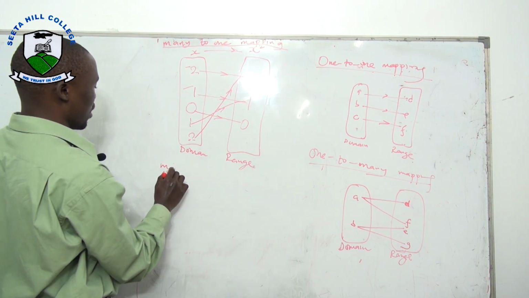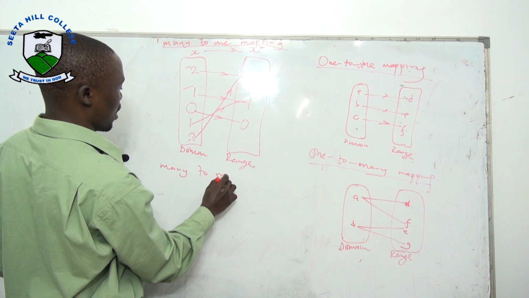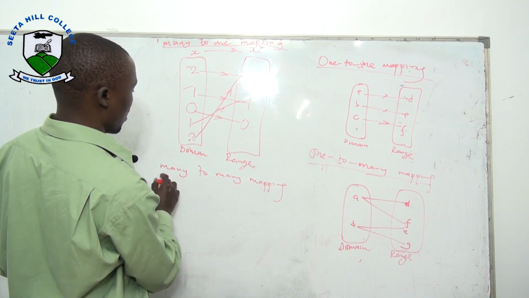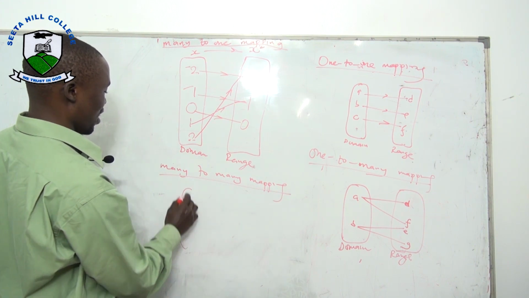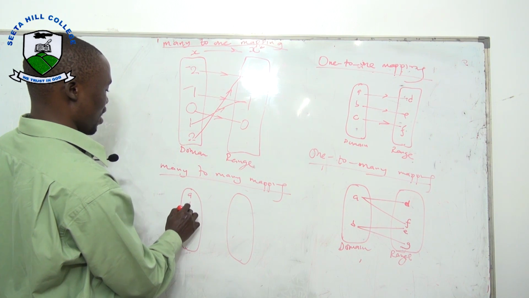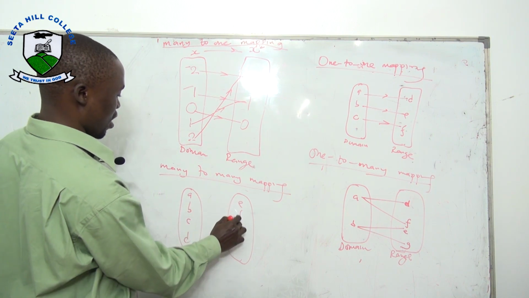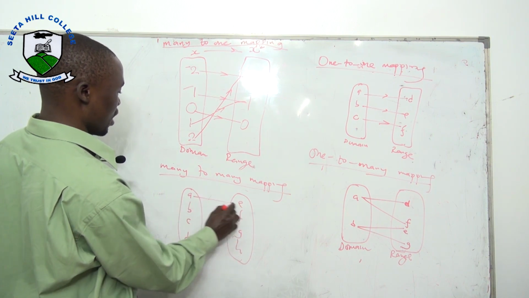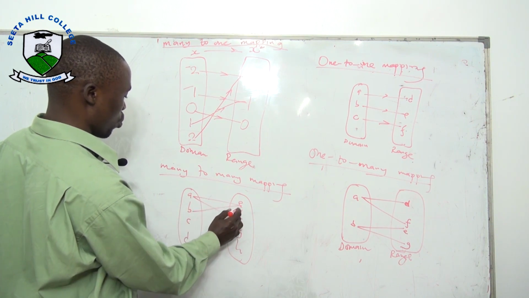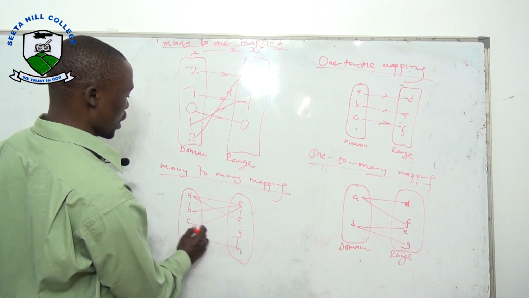Many to many mapping is the type of mapping where many elements in the domain correspond to many elements in the range. Like this can go to that, as well as this can also go to that. There is a mix-up.